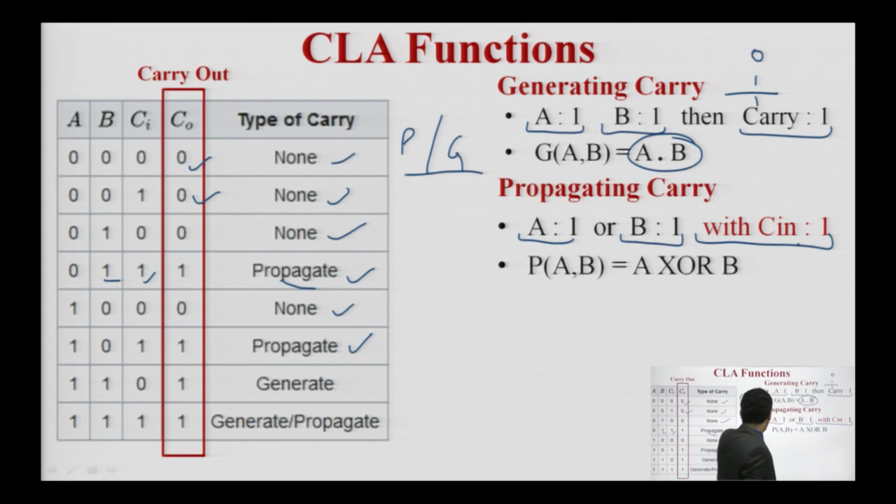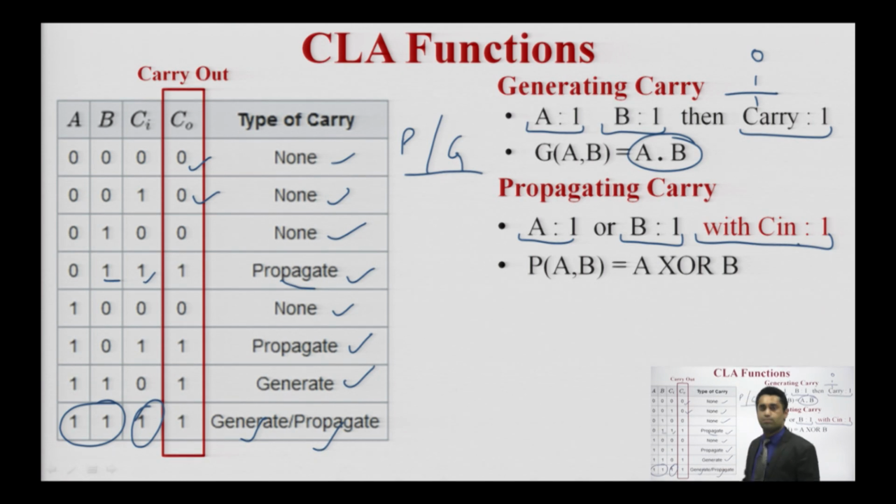So this AND gate is performed on A and B, and we are saying a generating function is in use. So in this case, generate. And what will happen if all the inputs are 1? In this case this results in generation, and as the condition says A or B should be 1 and the carry input is 1, the propagation is done. So here, generate as well as propagate.